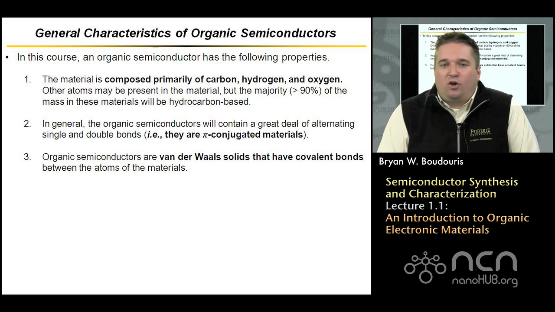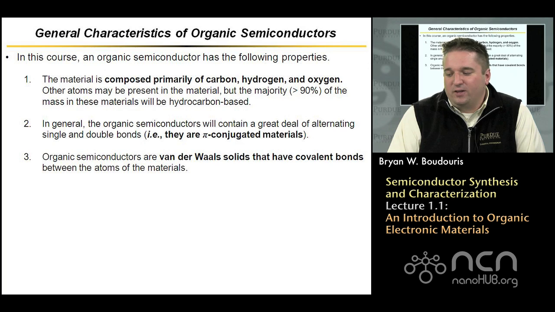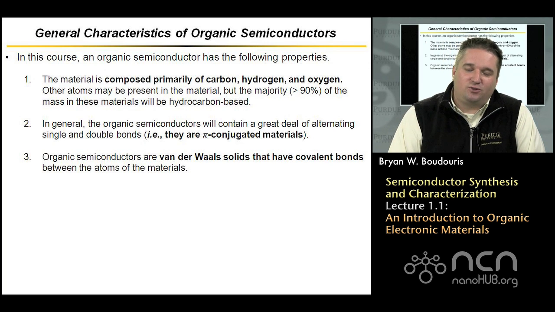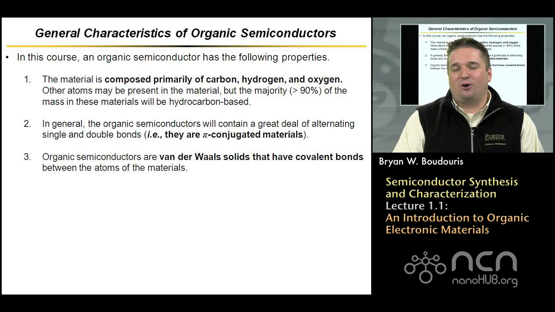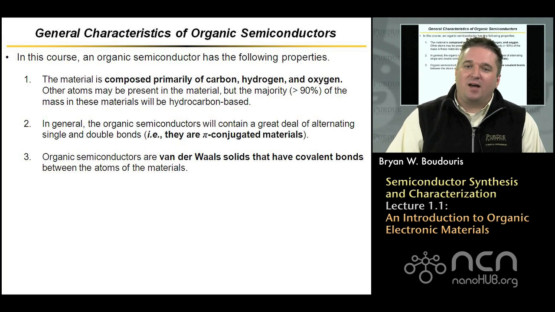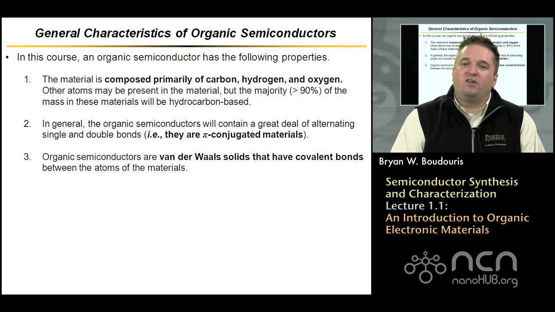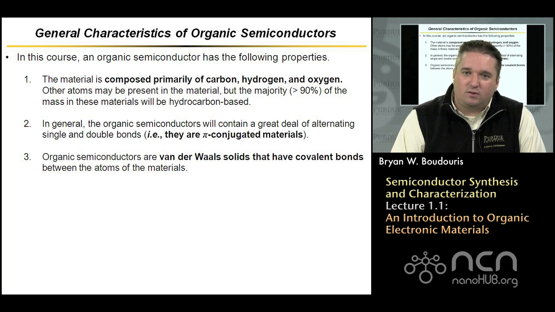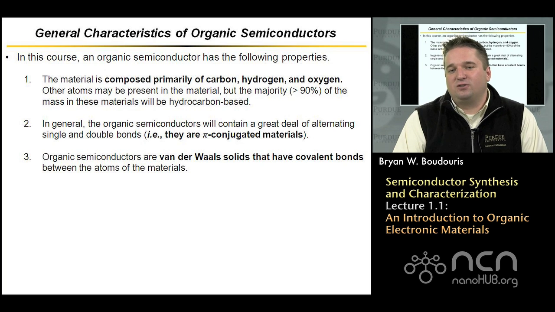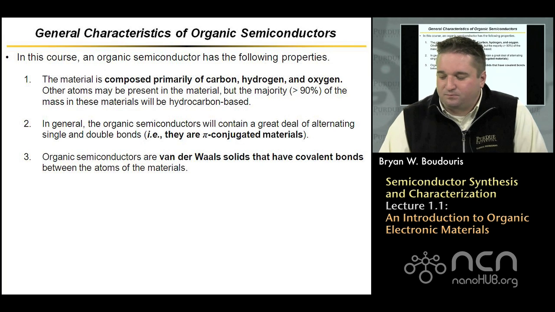Okay. How do we define an organic electronic material? Well, in this course, we're going to talk about materials that are primarily constructed of bonds containing carbon, hydrogen, and oxygen atoms. Okay? There may be other, what we'll call heteroatoms, or other species present, like boron, silicon, things of that nature, but the majority of the material will be carbon-based. Okay? While there's many different definitions for what an organic electronic material is, in this course that's how we'll limit ourselves.